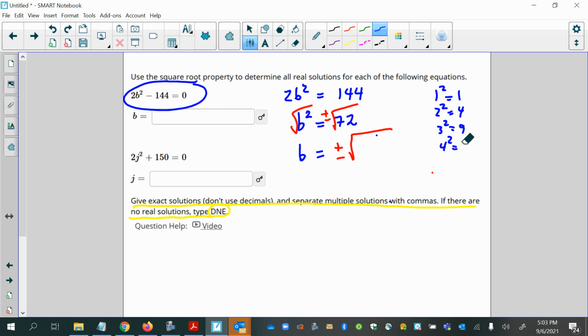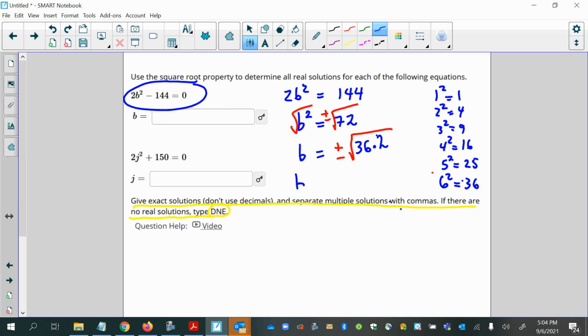So what you want to do is try to find the largest perfect square that'll go evenly into that number. And I discovered that 36 goes into 72 evenly because you can rewrite 72 as 36 times 2, right? And 36 being a perfect square can come out from under the radical sign.